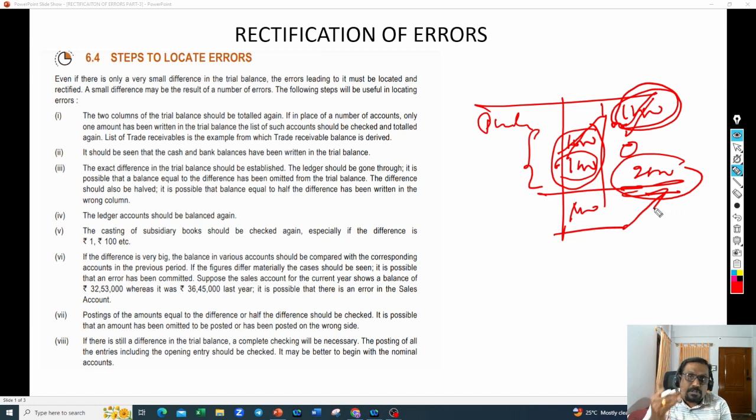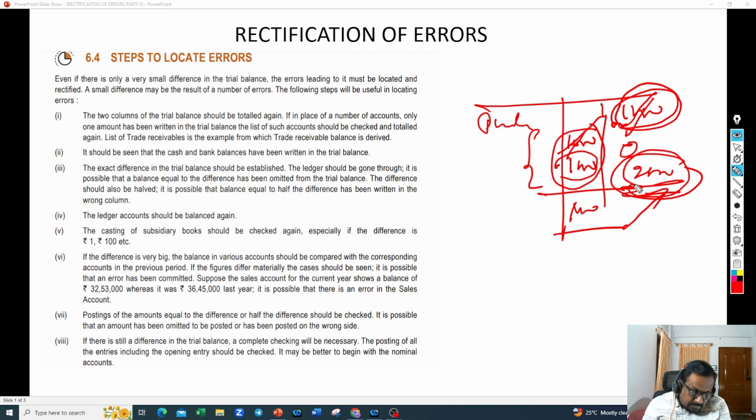If it is posted on the wrong side with 50% of the difference, then there is every possibility that if you rectify that, the difference will get nullified. That is the reason you need to see whether you can locate the full value of the difference, and half the value of the difference. If you are able to locate half the value or the full value, your job will be easy. You can easily rectify them.